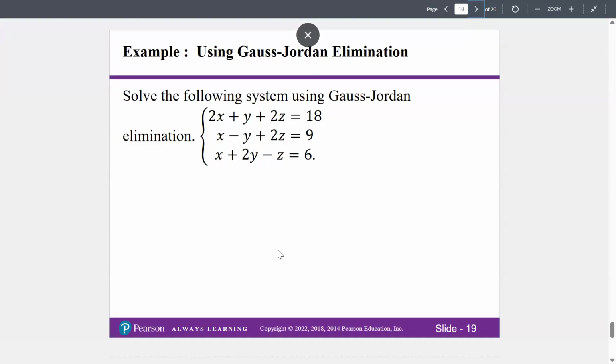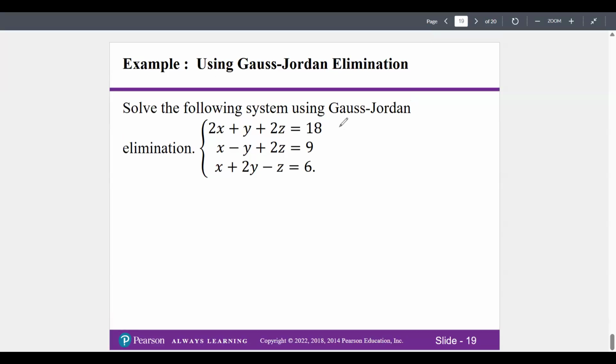Let me do our example. So if you remember, we did this equation earlier, and so this has been our first example. We were doing the reduced echelon form.